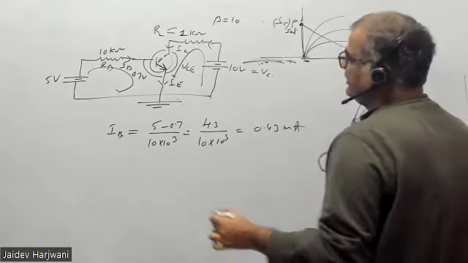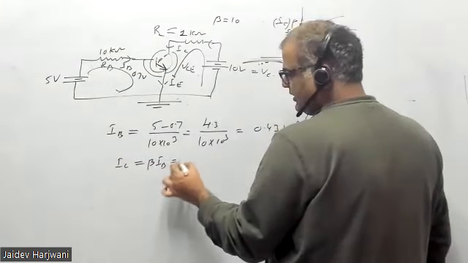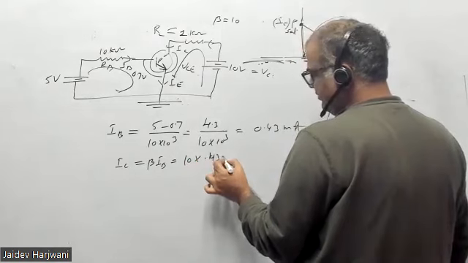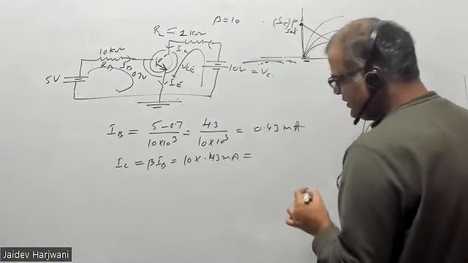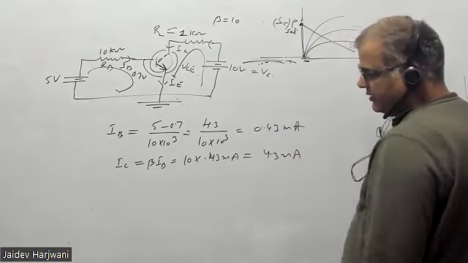And IC will be beta IB, that is 10 into 0.43 milliampere, that is 4.3 milliampere. Active region resistance.